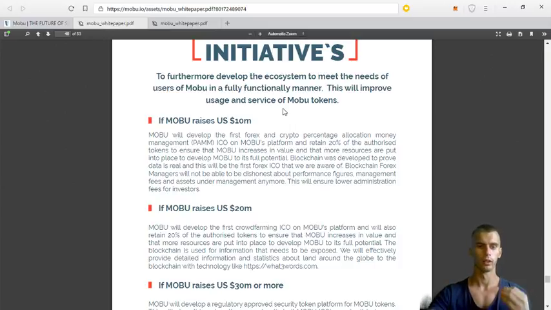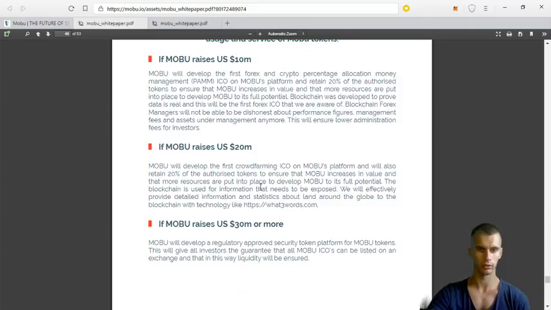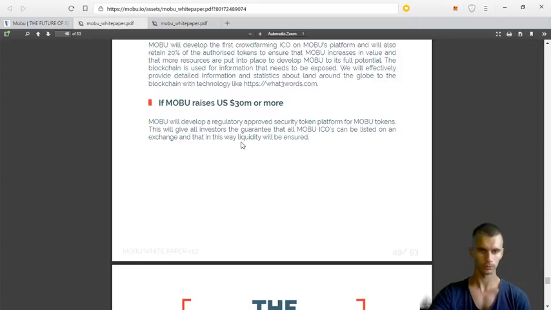Also they have goals if they raise specific amounts of money. If they raise 10 million, they will develop the first Forex and crypto percentage allocation money management ICO. If they raise 20 million, they will develop the first crowd farming ICO. Not sure what that is. If they raise 30 million or more, they will develop a regulatory approved security token platform for Mobu tokens.